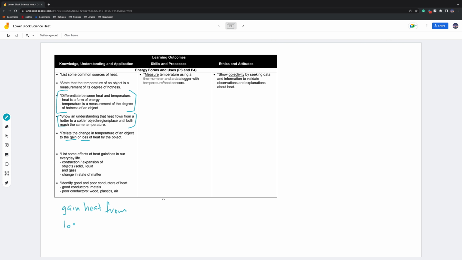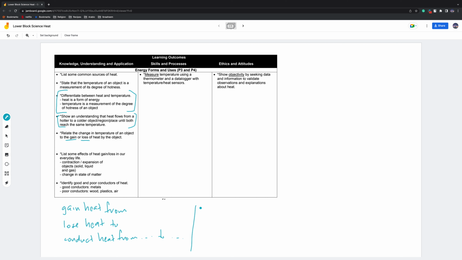If you use lose heat, you will say lose heat to. And the third one you would use is conduct heat from somewhere to somewhere. If you understand how to use this and you understand the concept, this topic is very, very easy. So just remember you need to always use these key phrases.